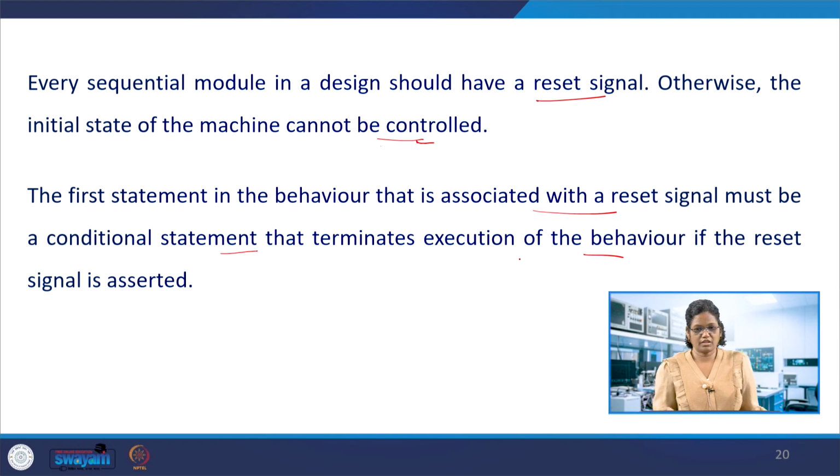If it is asserted, all of them will be cleared. The movement of one state to another, the shift registers or the counters, the state machines also, all of them should use the reset signal in the design, and it should be the first statement after always at the passage of the clock or the state memory creation.